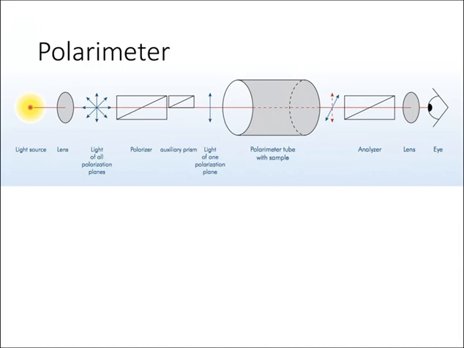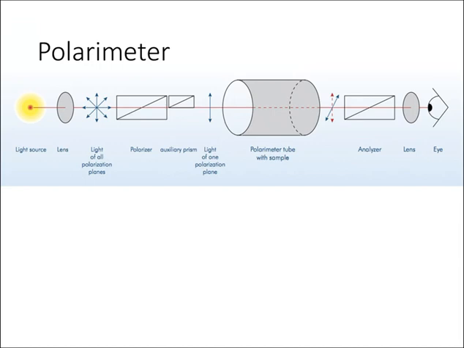You can also measure the rotation of a mixture, although we'll talk in a second about what happens if you have a 50-50 mixture, so exactly equal amounts of R and S, or if you have more of one enantiomer than another. So let's talk about how this polarimeter works.